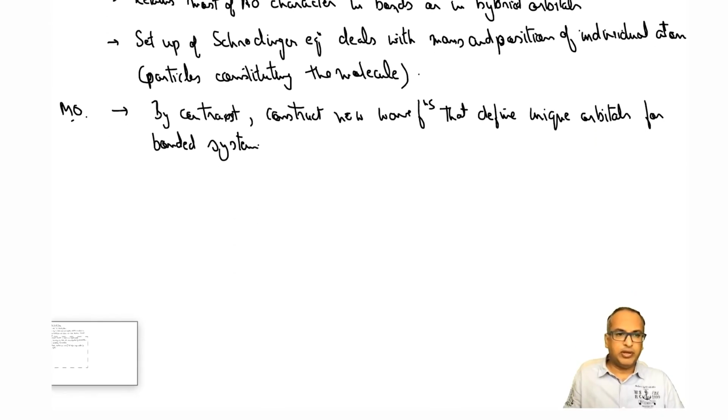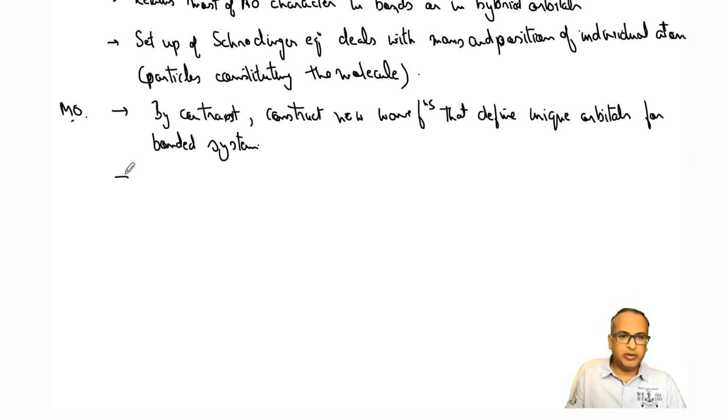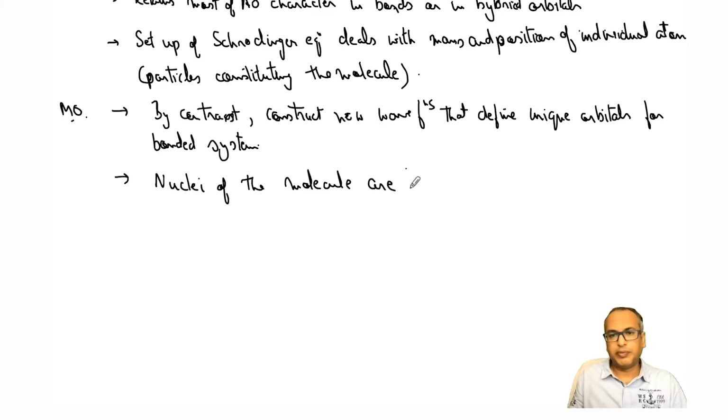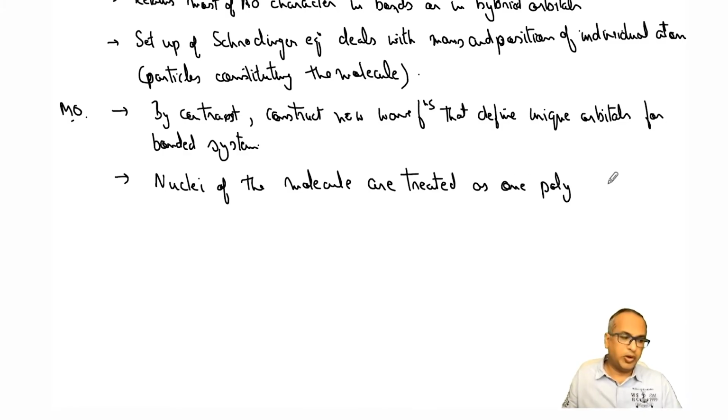Okay. Further, if you look at the details of MO theory, the nuclei of the molecule are treated as one polycentric nucleus. So all the nuclei taken together are treated as one polycentric nucleus.